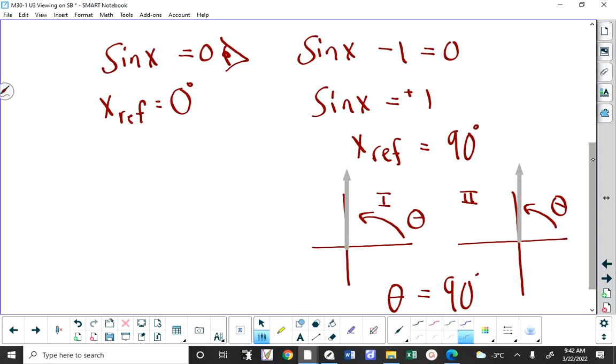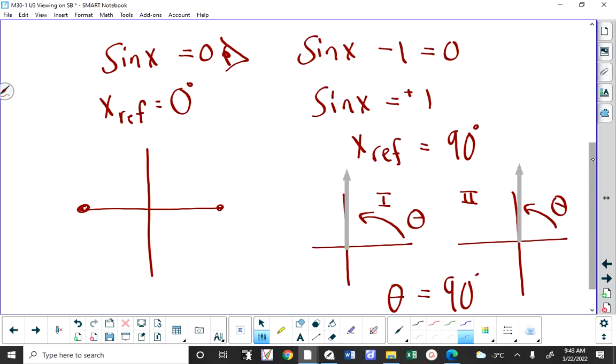So even if you're not looking at the unit circle, the only way y over r could be 0 is if y is 0. So we're looking at these two locations. The reference angle thing is a clunky idea if the locations are on the axes anywhere. It just doesn't work all the time.